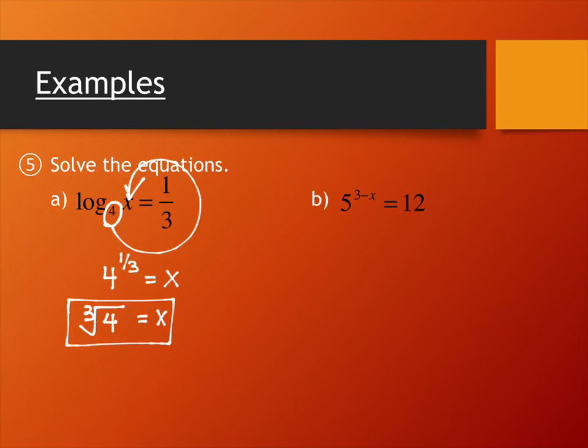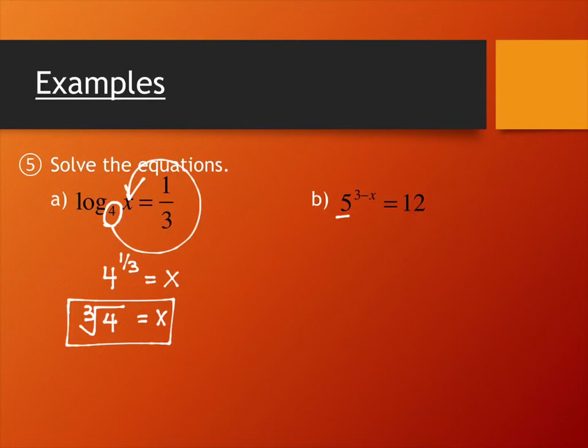Okay, so if on part B, I had had something on both sides that was able to be written as base 5s, that's what I would want to do. But 12 cannot be written as a base 5, right? Yeah, no, it's not going to work. It's not a power of 5.